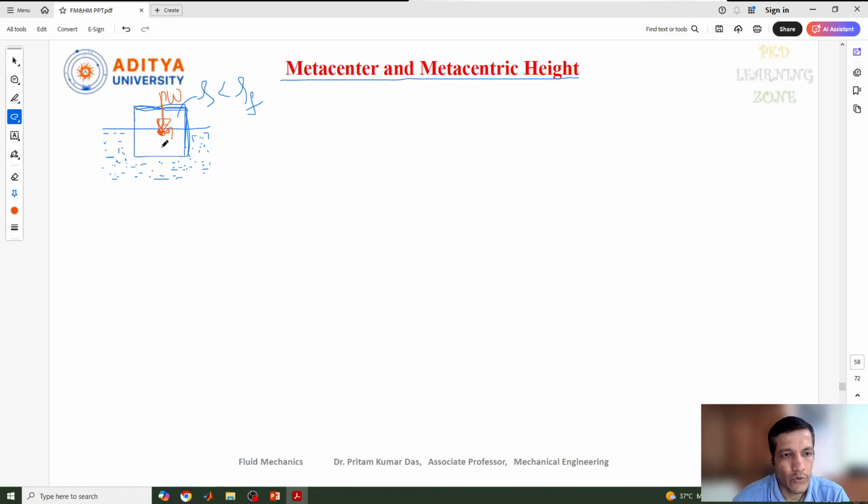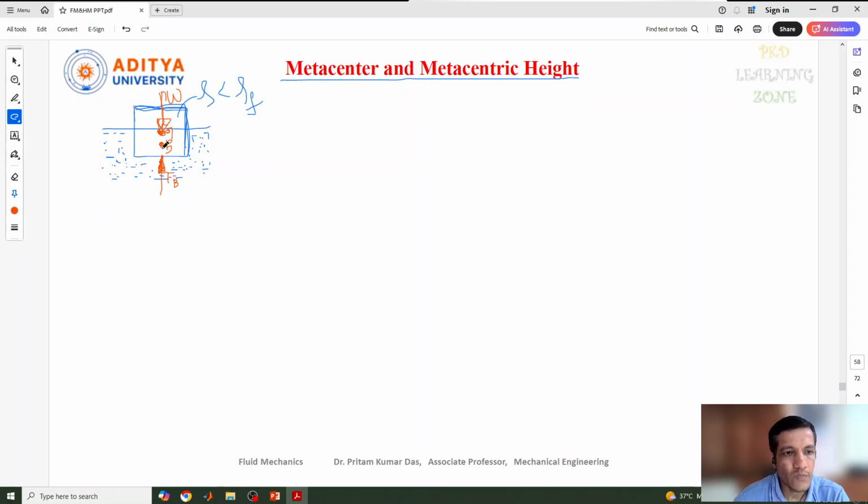Now the force of buoyancy, which opposes the object going inside and tries to move the body upward, is acting at a point B. That force is known as the force of buoyancy, that is FB.